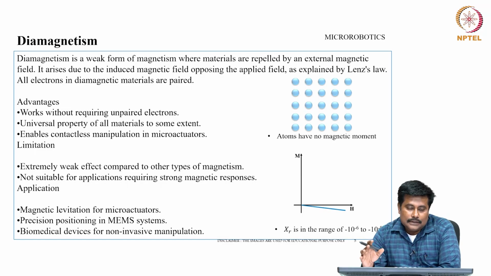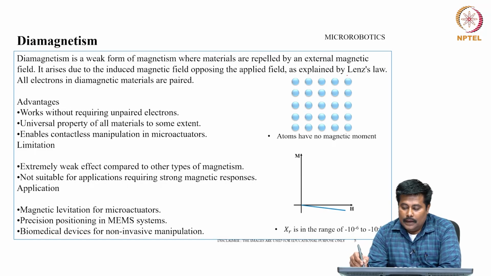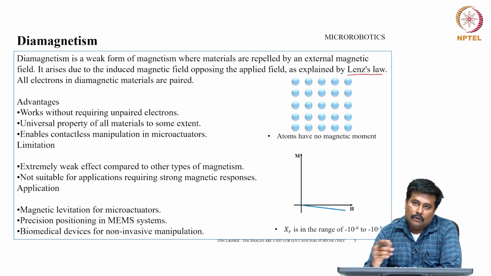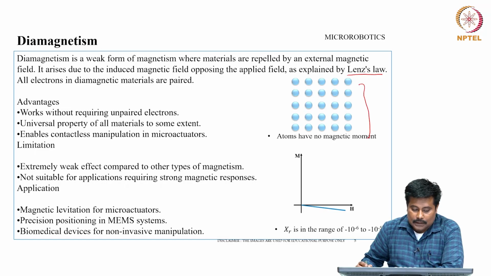It arises due to the induced magnetic field opposing the applied field, as explained by the standard Lorentz law. All electrons in a diamagnetic material are paired, so the atom has no magnetic moment, and XR is in the range of minus 10 power minus 6 to minus 10 power minus 5.